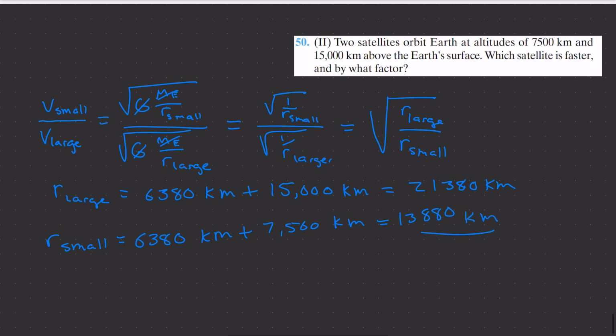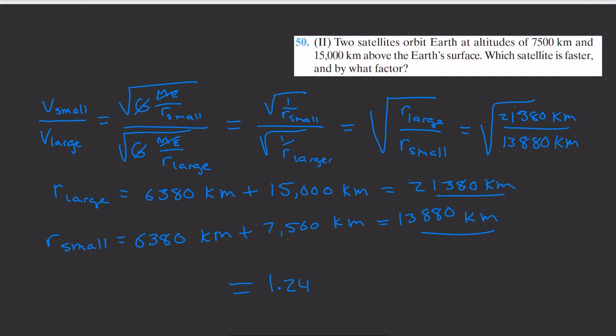Now we have everything we need to plug into our ratio and find the factor difference between the speeds of these two satellites. It's going to be the square root of 21,380 kilometers over 13,880 kilometers. That leaves us with 1.24 when I plug that into the calculator.